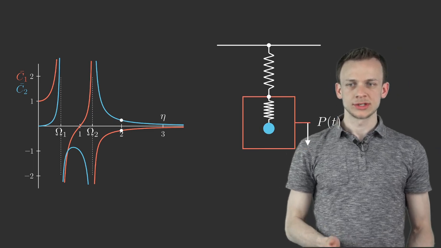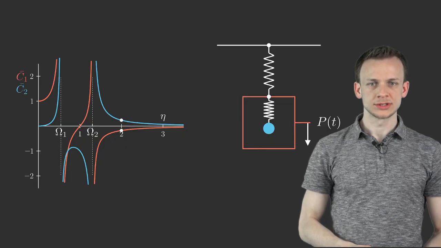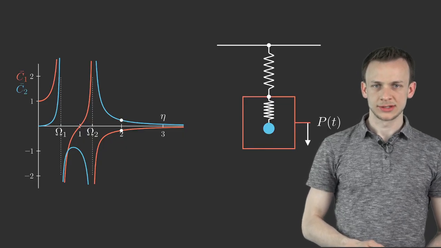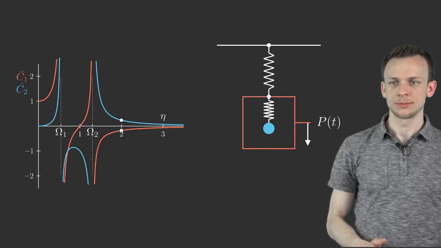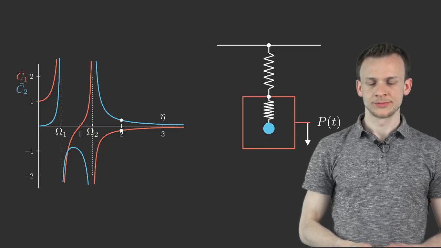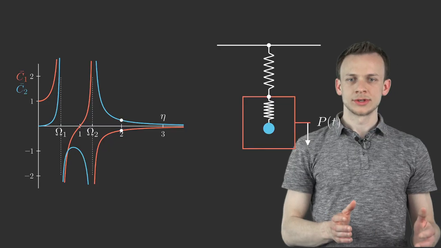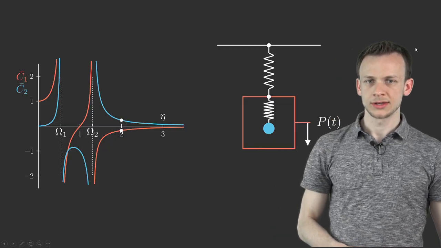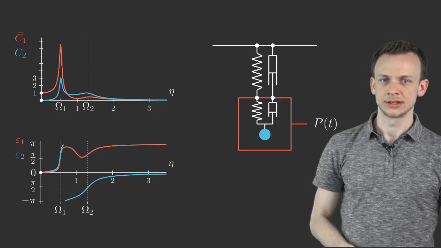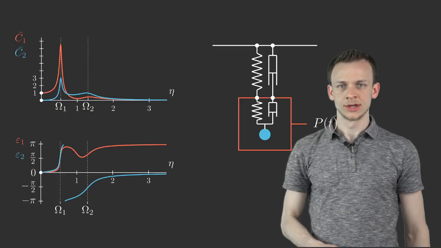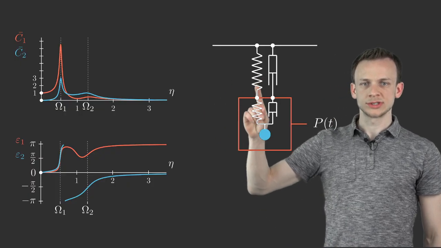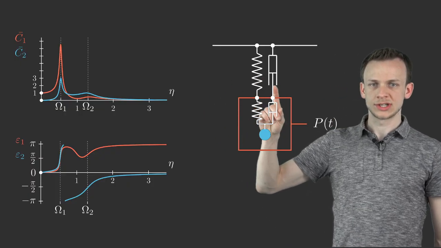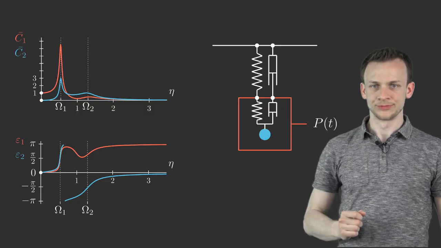And this is not realistic because every real system would have some damping in it. So the amplitudes would be limited in some sense. In order to study this, we could modify the example and include damping here. So instead of only having these springs, we would also include dampers between the masses.